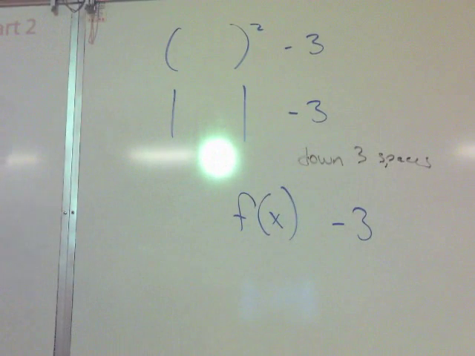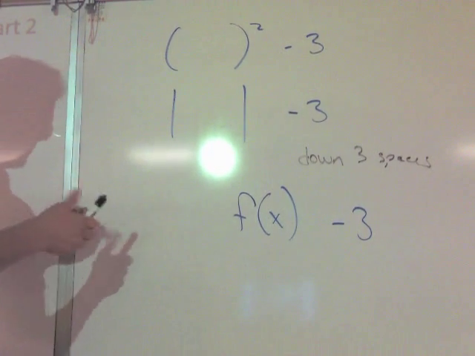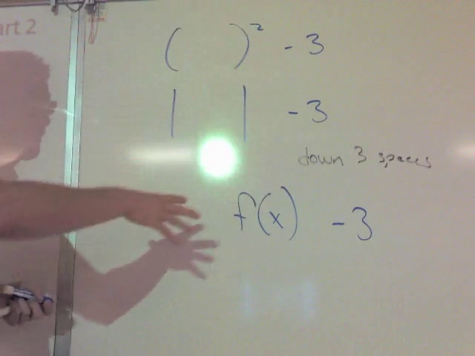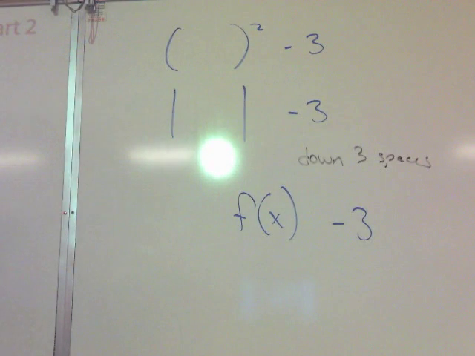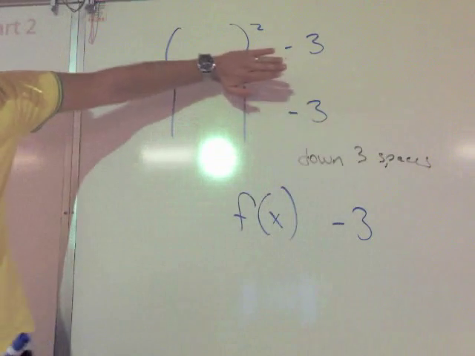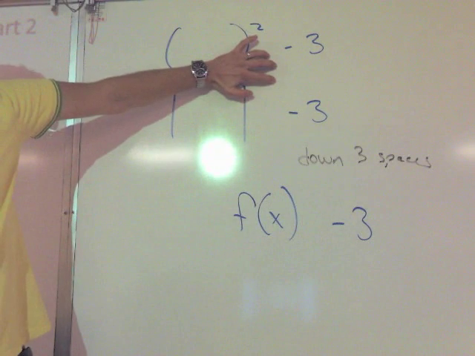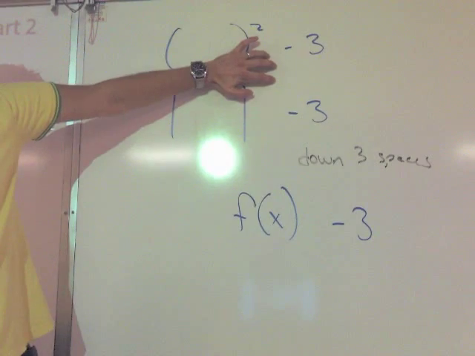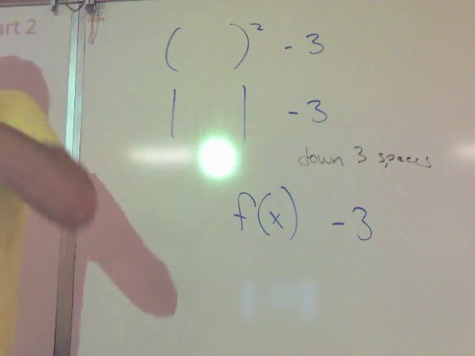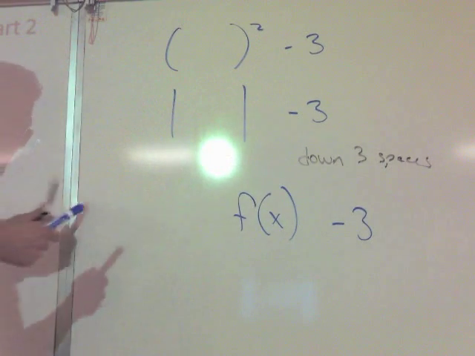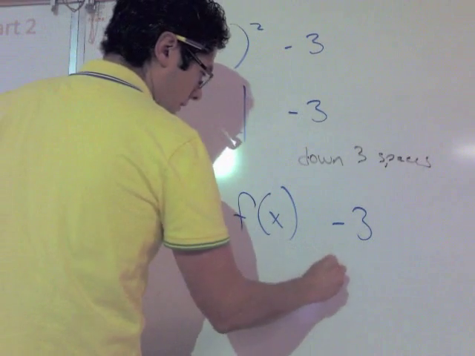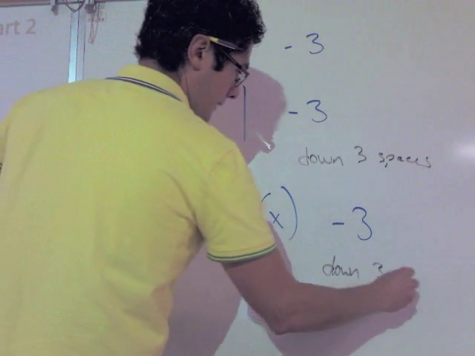So basically, if we recall from this first part, when we move left 2 spaces, this piece of information is just saying, okay, it's already been graphed for you, that's why you don't need to see the entire problem. But all you need to do to the picture is move it down 3 spaces. So this means exactly the same thing like yesterday, it's just that the picture has already been drawn for you. Yesterday you had to draw the picture, so you had to see everything all at once. So again, this is just going to be down 3 spaces.